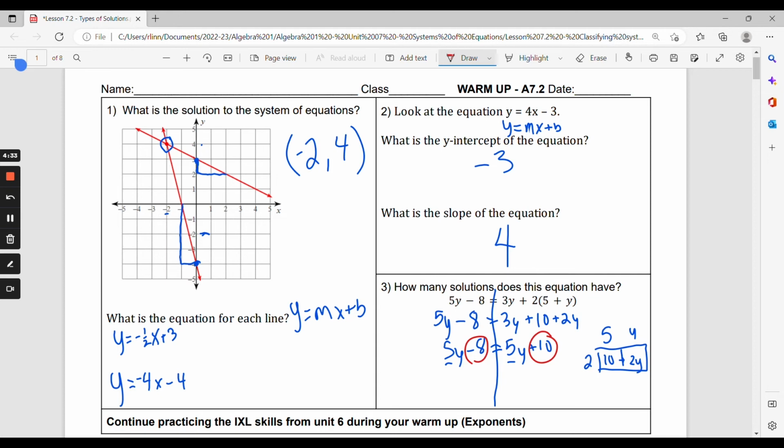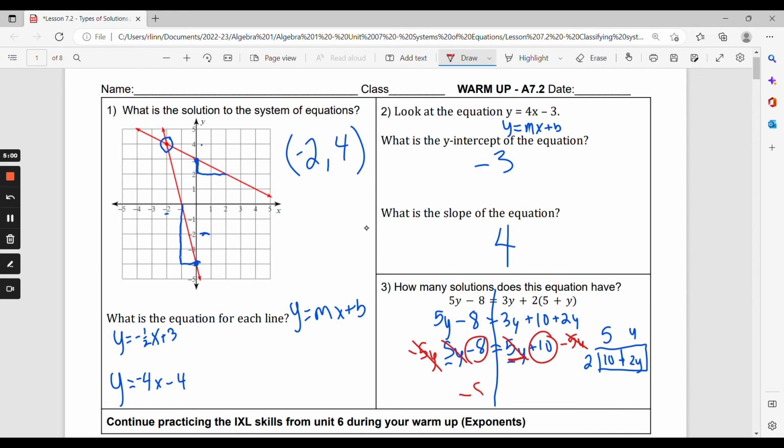And I can prove this by trying to solve for y. So if I'm going to solve for y, the first thing I want to do is get all of the y's on the same side. So to get rid of the 5y on the right side here, I'm going to subtract 5y, which means I'm going to subtract 5y on the left side as well. My 5y's are going to cancel out.